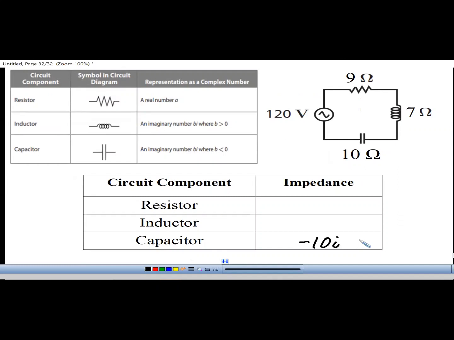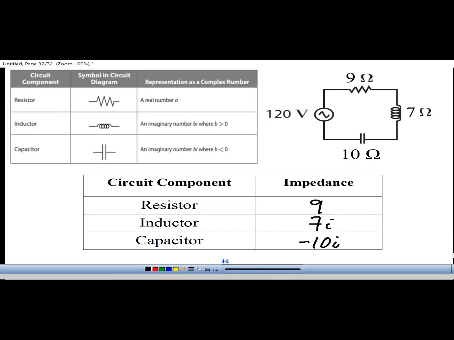Good, okay. My inductor is 7 ohms. So that means the inductor is translated into imaginary, so this is 7i. And lastly, my resistor is 9 ohms, and it's a real number, so I just write 9, it's a constant. Hands if you got that. Okay.